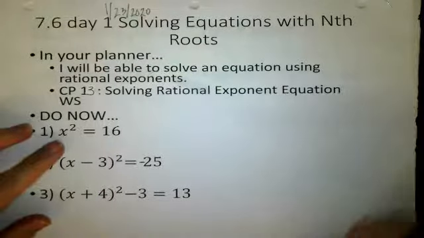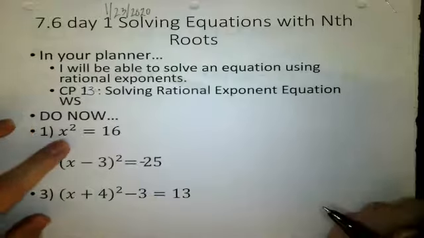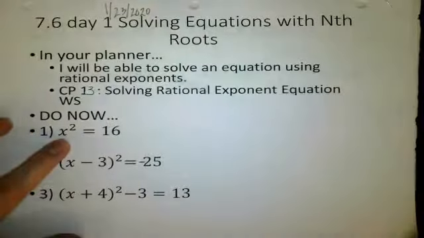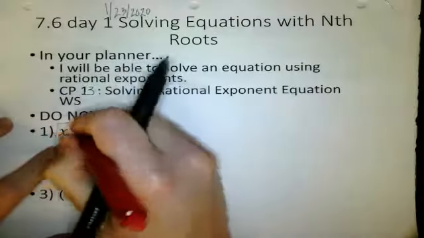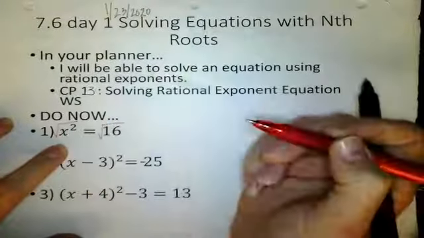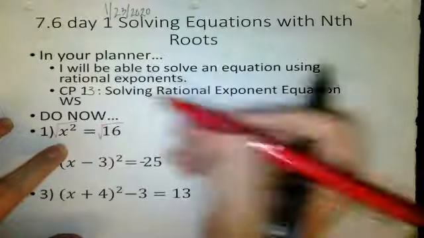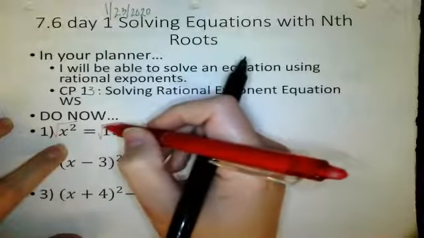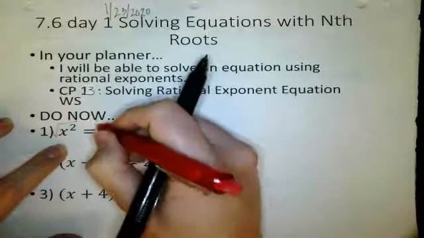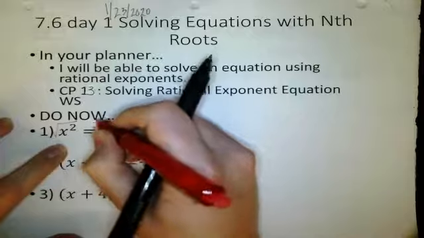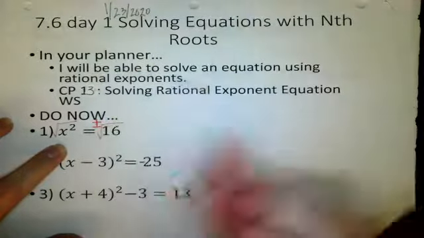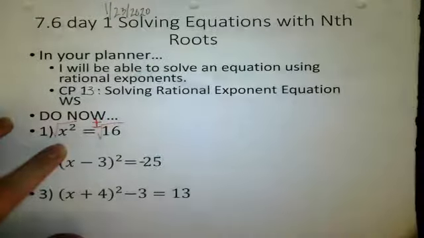x, some number squared equals 16. I want to isolate the x. What can I do? Square root. You can take a square root of both sides. When you take a square root, what did we need to remember? There's two answers, always plus or minus. That was the big thing. Don't forget the plus or minus.